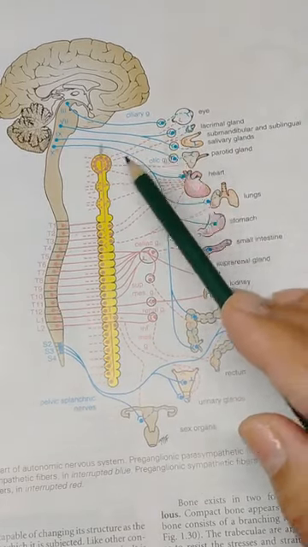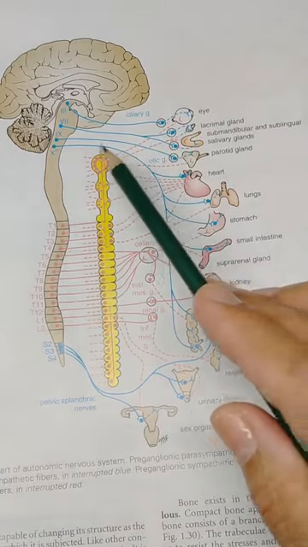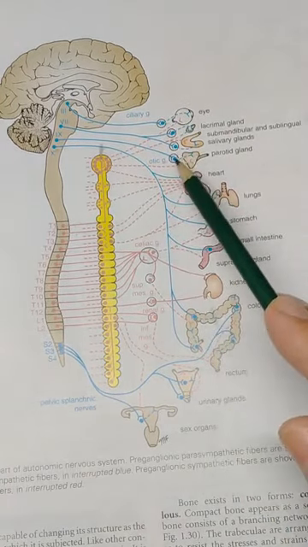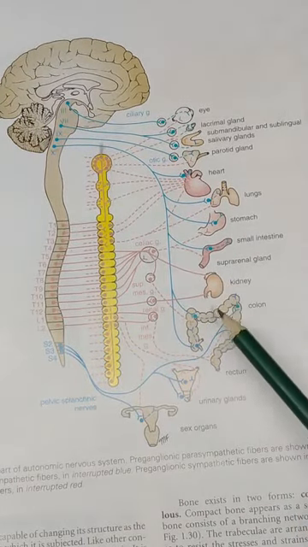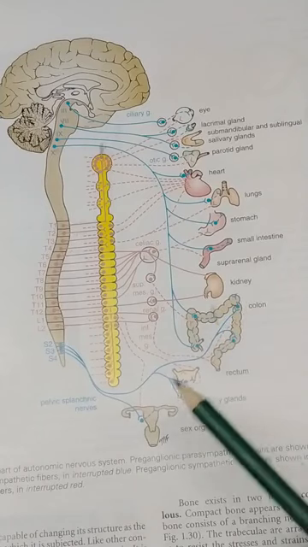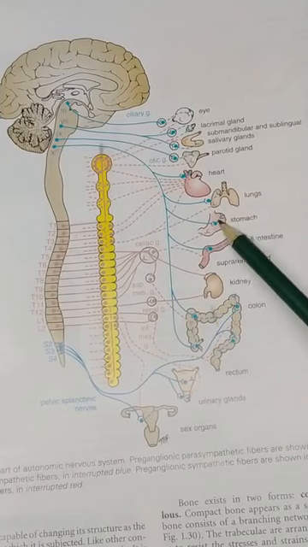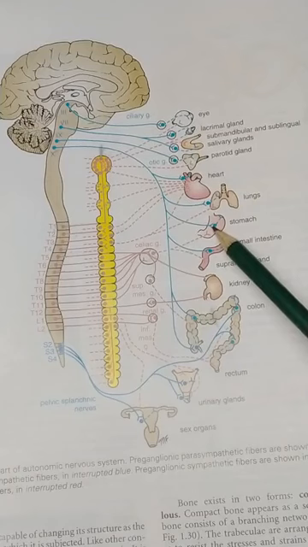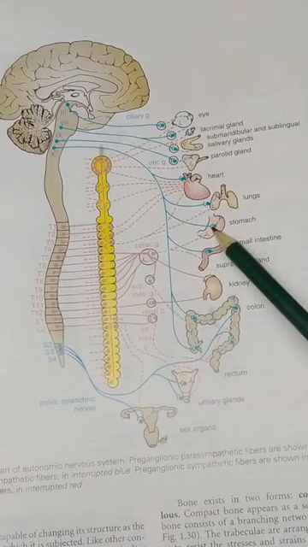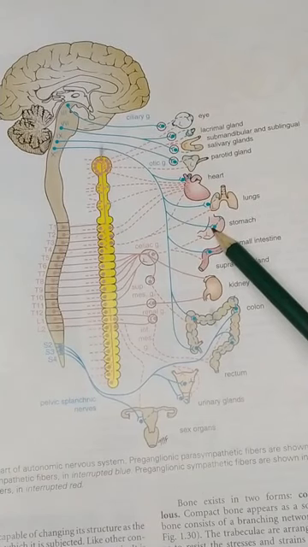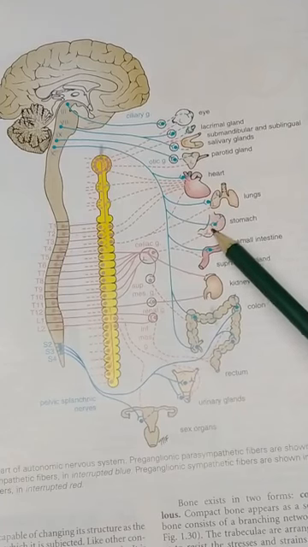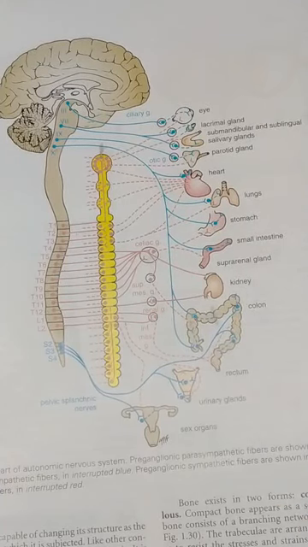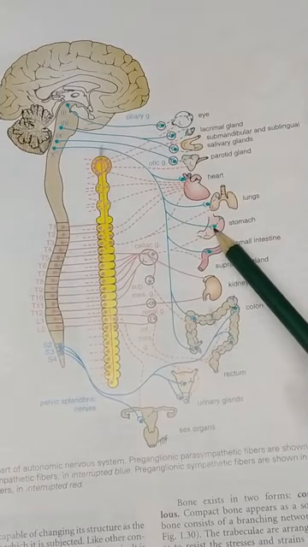Okay. Now, you will notice that the oculomotor has its own ganglion, the facial nerve has its own ganglion, the glossopharyngeal as well, how about the vagus? You will notice there is no otic, there is no submandibular, there is no ciliary. Why? Because the ganglia for the vagus nerve are located within or near the organ supplied. They can be located within the capsule or within the wall of the organ supplied. Like this, for example, the stomach. Okay.